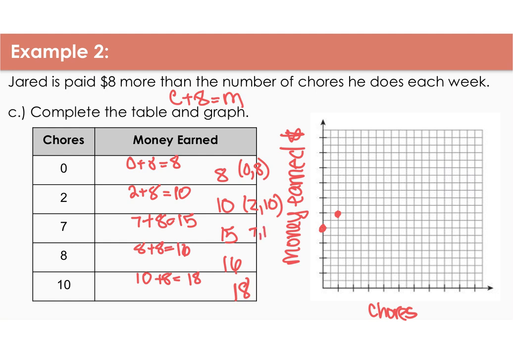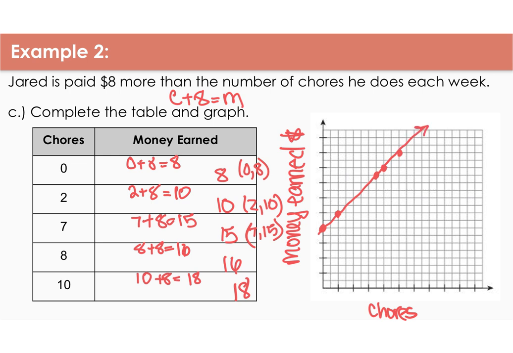And I have 7, 15. 8, 16, and 10, 18. And I can see I have a linear relationship.